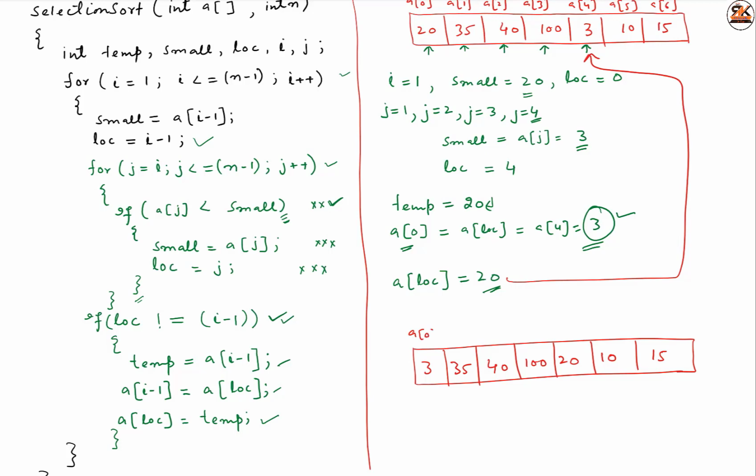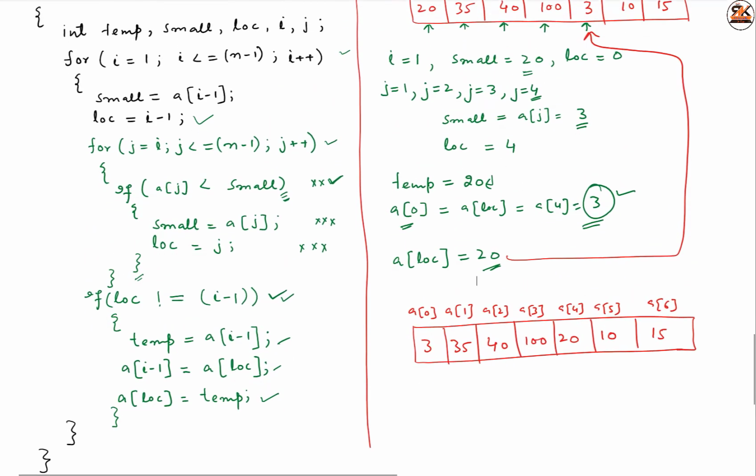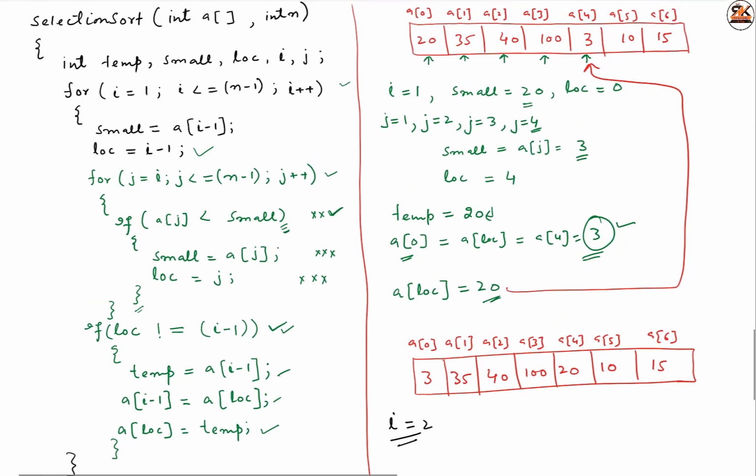This is A0 now, A1, A2, A3, A4, A5 and A6. So this is the result of first round only, and after that the value of i will be incremented. i will become 2, and we can repeat the same procedure for the second iteration or the second round.